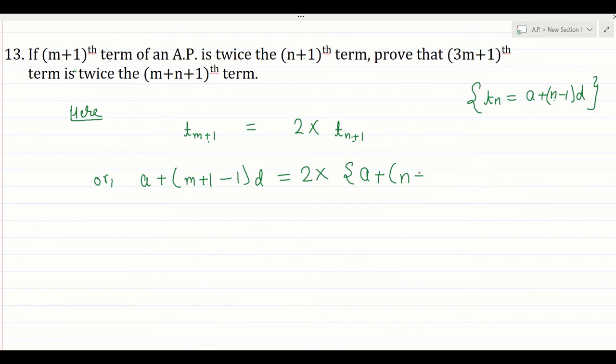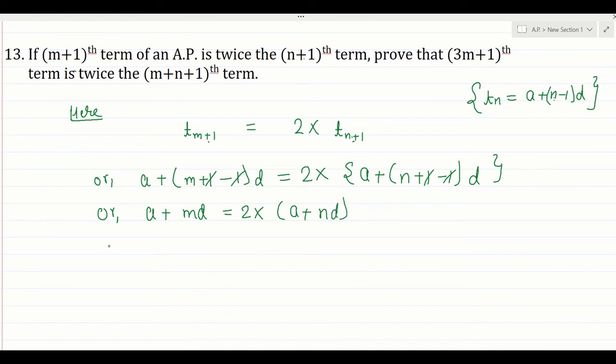So it is n plus 1 minus 1 and D. Is this clear? Let's simplify this one. Plus 1 and minus 1 cancelled. So we get A plus MD equal to 2 into, now here A plus, plus 1 minus 1 cancelled. So we are getting A plus nD.